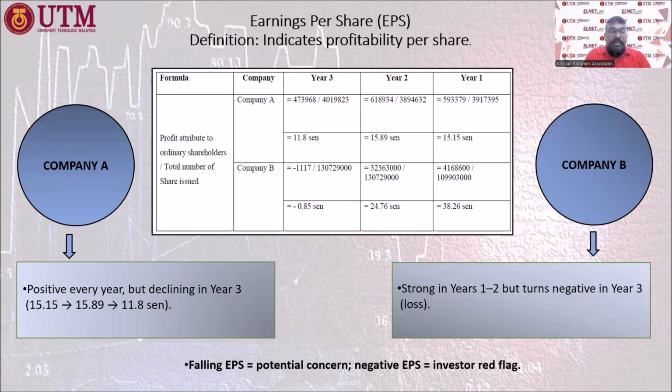Now, company B started strong in year 1 to year 2, but then it turns negative in its earnings per share as it is suffering a loss. And this can cause a serious red flag and could lead to declining investors' confidence.